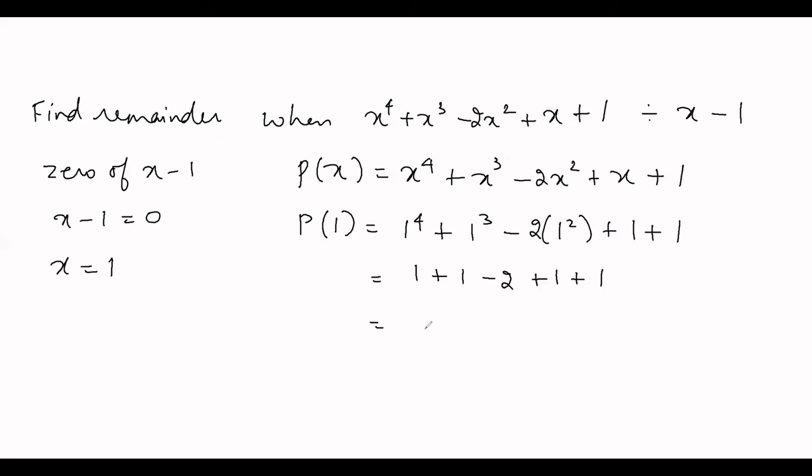That is 4 minus 2. p of 1 is equal to 2. Therefore, by the remainder theorem, the remainder is equal to 2 when the given dividend is divided by this linear polynomial, which is x minus 1.